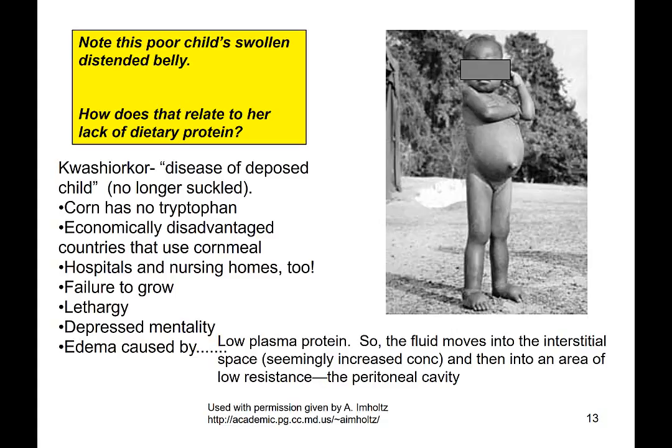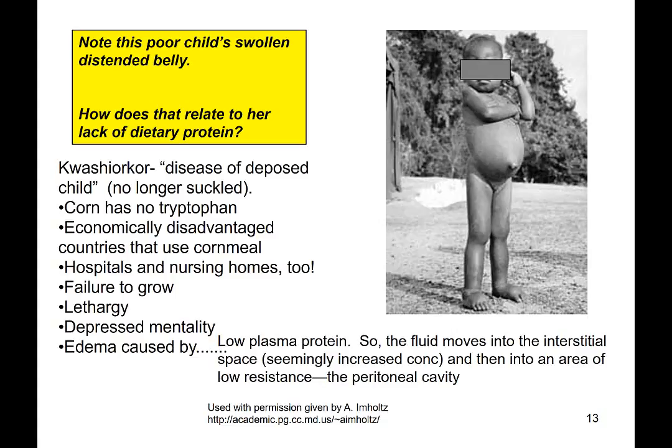So we see this not only in underdeveloped countries, but we can also see it in hospitals and nursing homes, where maybe you're dealing with patients who are really picky about what they eat, and they don't eat a well-rounded meal. So you can absolutely see this in other places besides third world countries. You can also definitely see this in alcoholics.